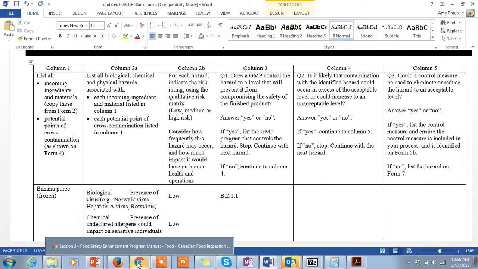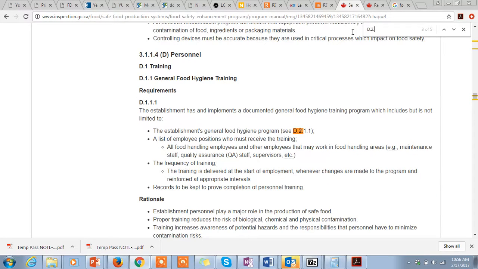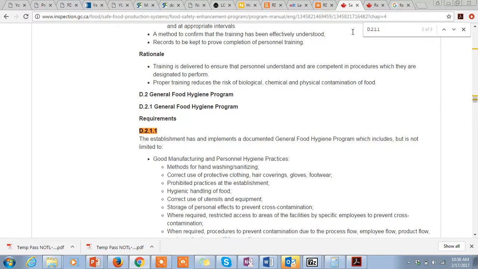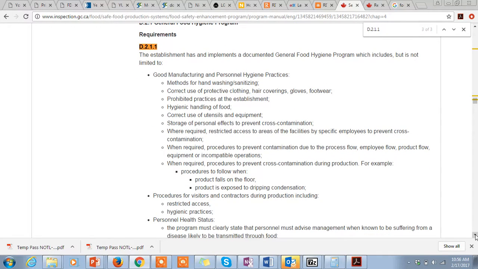I also mentioned that you could say that it was D211, and that was a good food hygiene program, and that would include hygienic practices and personnel health status, so that when an individual is known to be ill, they are not going to be working in food contact.